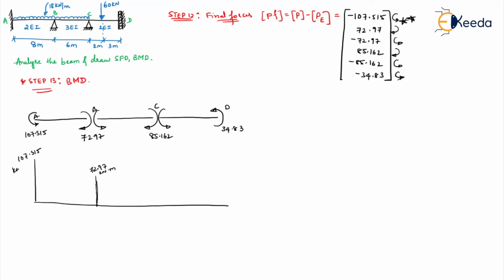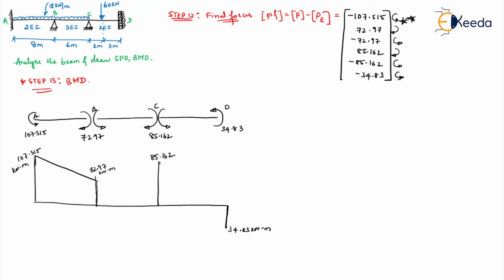Coming to this point, 85.162, somewhere here. Now for this, the value is pushing the beam downwards, so we'll go downwards by 34.83 kilonewton meter. Now let's connect this.